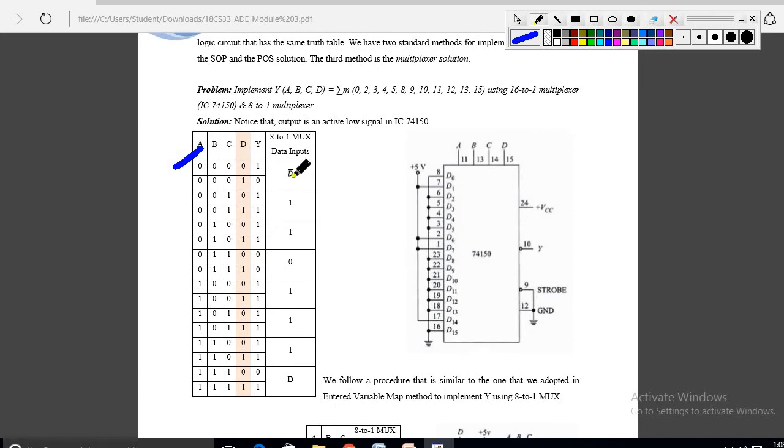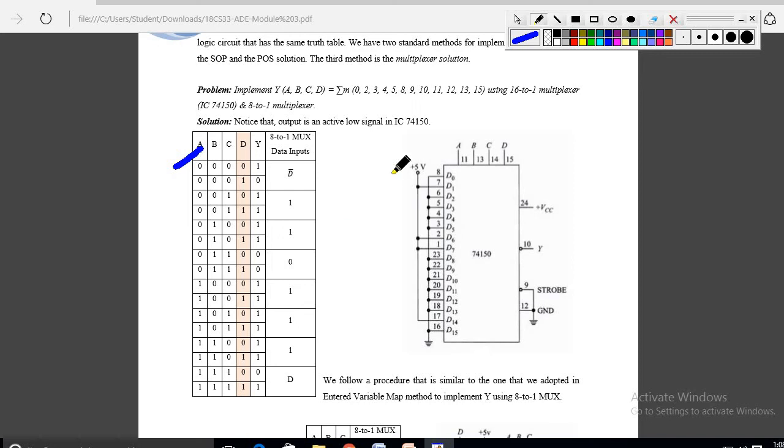So see here, 1 0 gives D bar. Here 1 1, so I need to get 1. Like that, 1 0 1 should be D, because 1 0 gave D bar, so it is D. You just have to show this in whatever data inputs there are, on your 74150 IC.